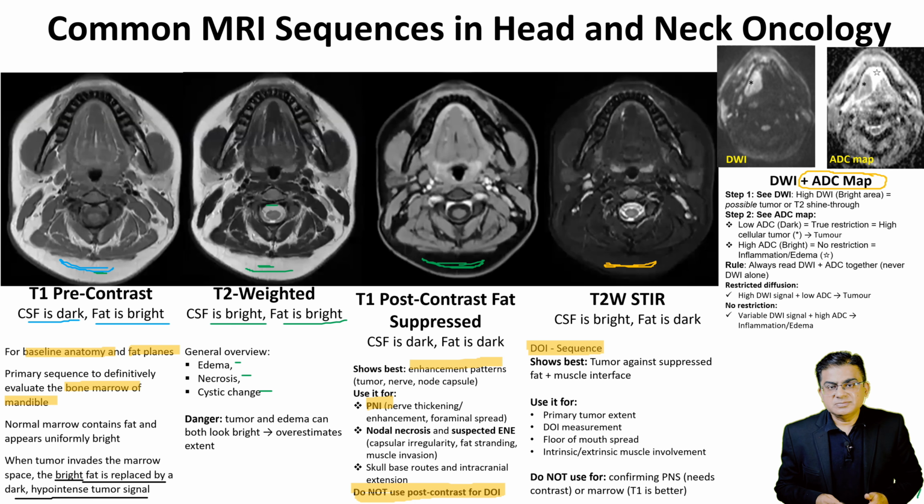DWI ADC helps you here. Is this tissue behaving like a highly cellular tumor or not? Clinically, this helps in number 1, distinguishing tumor from surrounding inflammatory changes, 2, post biopsy or post treatment scans, 3, supporting nodal metastasis assessment, and 4th, detecting small primaries when anatomy is confusing.